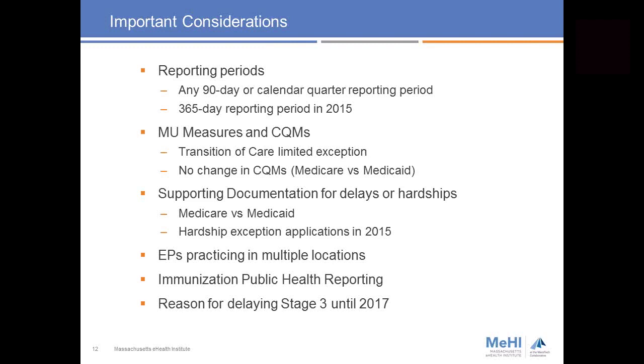So it's a very interesting interpretation of delays and problems with implementation, because it's no longer about yours, that you were all set to go, but it's about other people, because a big part of the goal of meaningful use, the incentive payment programs, is interoperability, the exchange of data in a timely fashion to improve healthcare. So that's an important one to keep in mind.